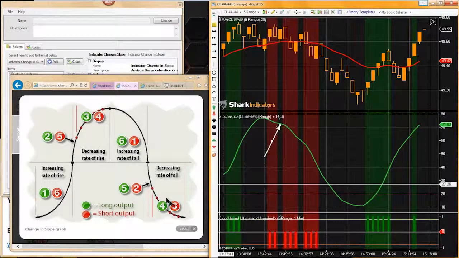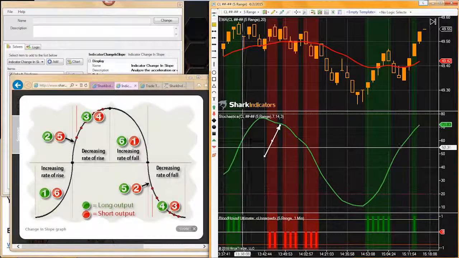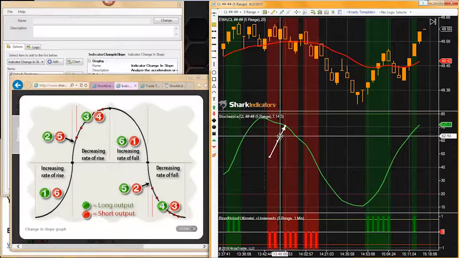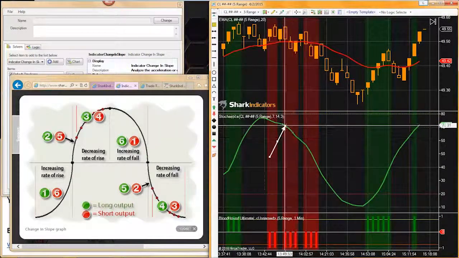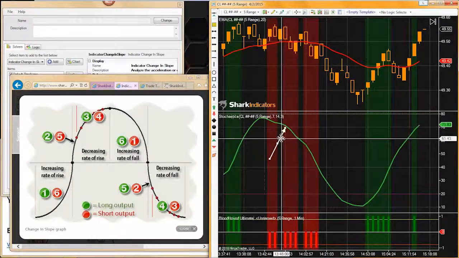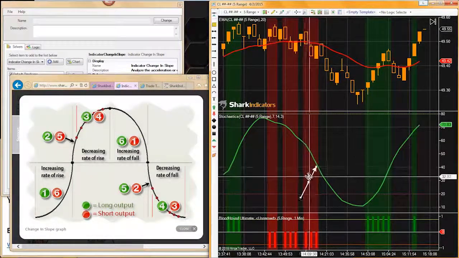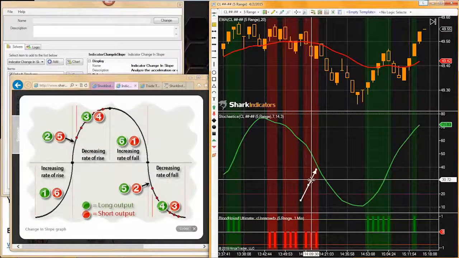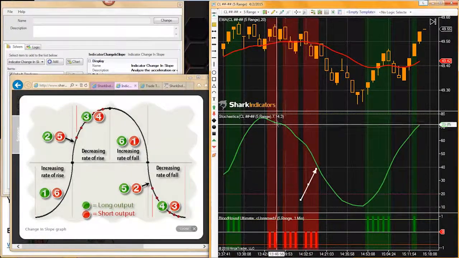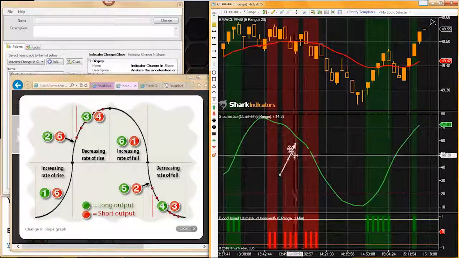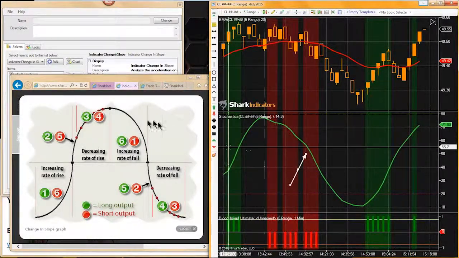Then the stochastic slope began to fall again, steeper and steeper, and then flattened out for a bar, and then it began to fall again at an increasing rate. So just within this area, the stochastic was beginning to fall, then it would flatten out for a bar, and then it would begin to fall again.